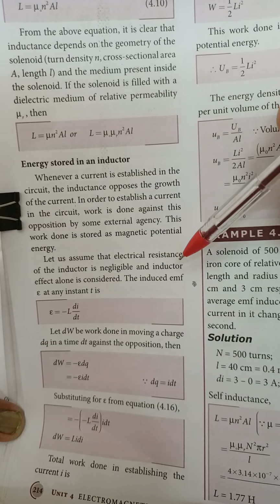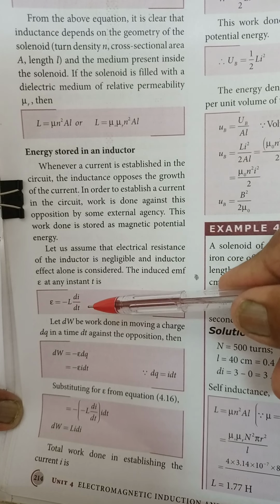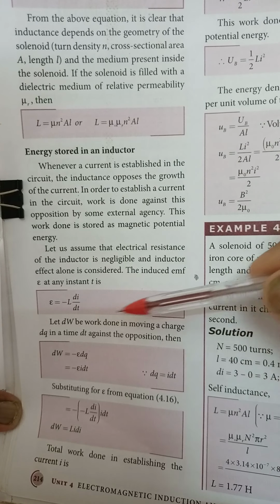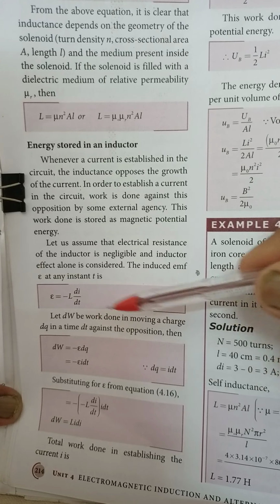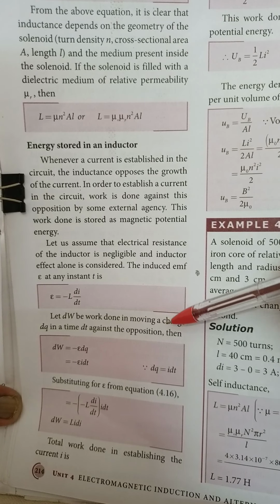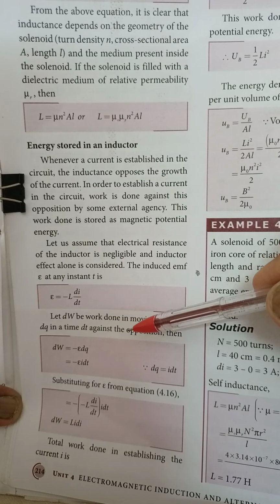The induced EMF in the inductor at any instant of time is given by E is equal to minus L into di by dt. We have already studied this, is it not? dW be the work done in moving a charge dq in a time dt against this opposition. Then dW is equal to minus E into dq.